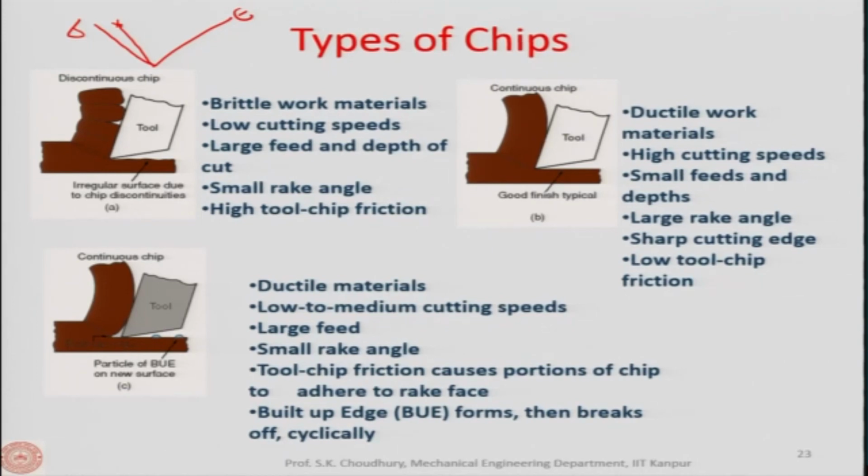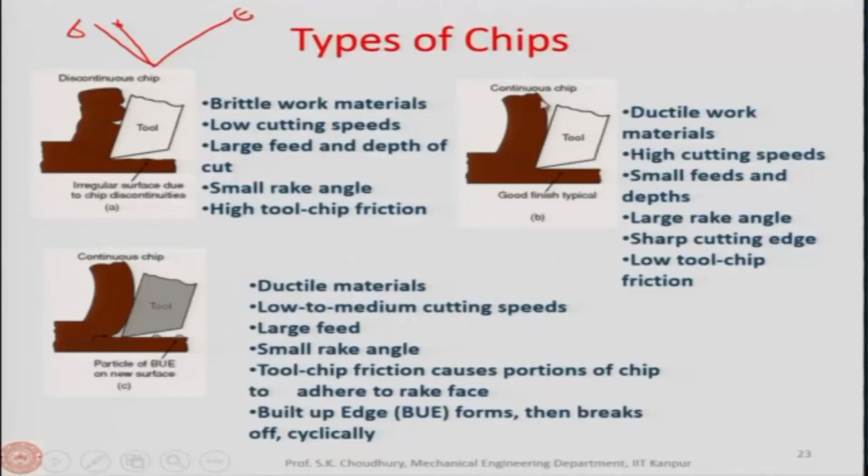Advantages: since chips are breaking, the majority of the heat will actually go away with the chips because they are broken and not in contact with the tool. Here, if you see the continuous chip, since it is flowing continuously, it is always in contact with the rake face of the tool.